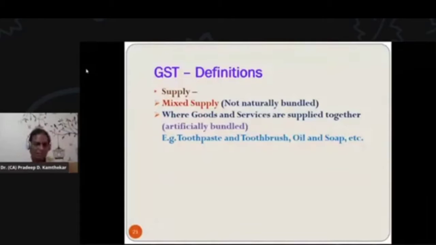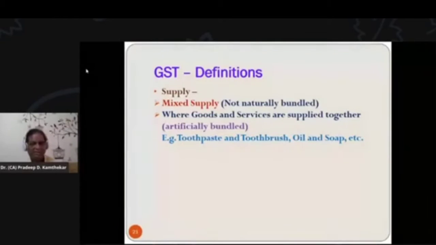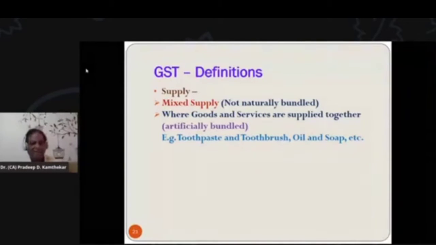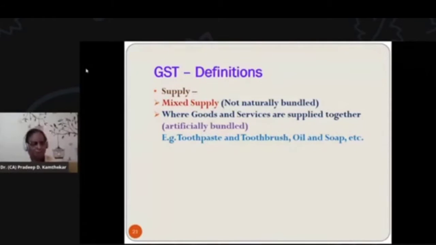If you buy toothpaste separately, it is 18%, and if you buy toothbrush separately, it is 12%. When they are given together, artificially bundled, the highest rate of GST is that of toothpaste. So the entire 18% GST rate will be applicable on the entire amount of the goods given together, because whenever it is a mixed supply, the higher rate of the goods is applied on the entire amount of the goods and services supplied.